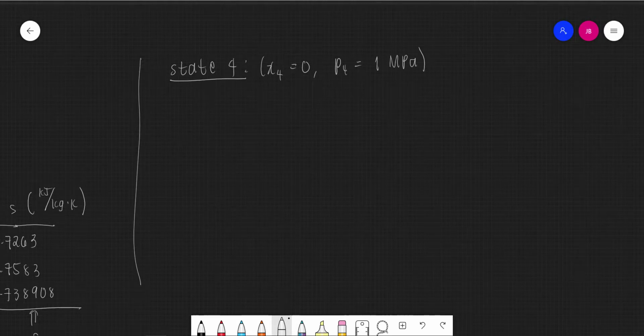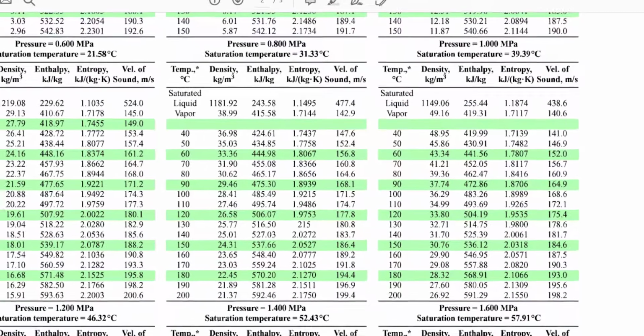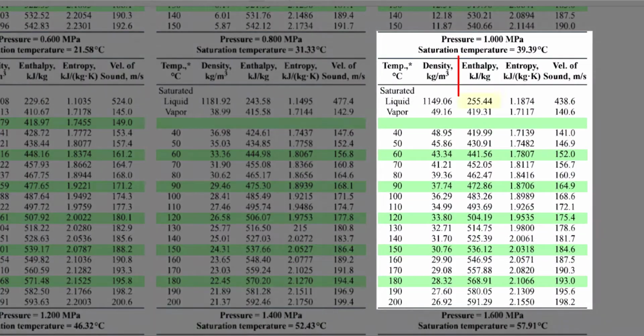So clearly, H4 is equal to Hf at 1 megapascal, or basically the enthalpy of the saturated liquid at 1 megapascal. So, if we take a look at our refrigerant table, we have 1 megapascal here. Saturated liquid is around 255.44.